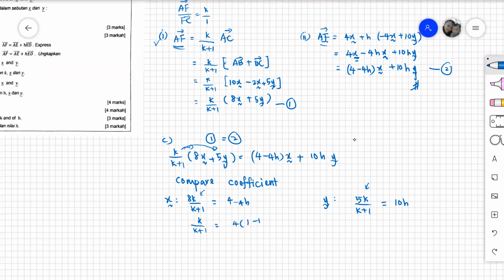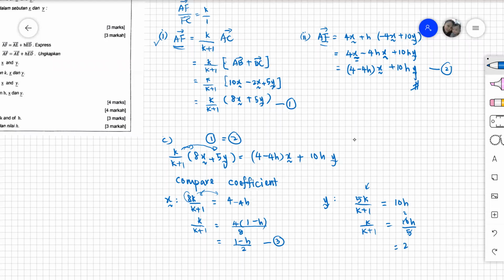So at the same time, I factorize the 4 and divide 8. Here, I bring the 8 to the other side of the equation, so it becomes divided by 8. So I will have 1 minus h over 2. Okay, that is equation 3. And then for this side, k over k plus 1 equals 10h over 5, which I get 2h.